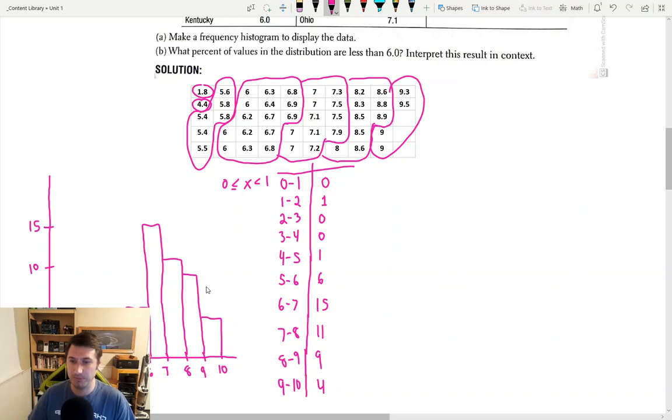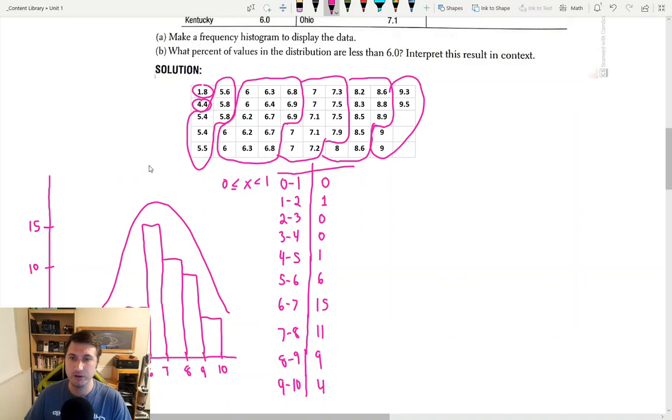If I just draw a general shape over this, that looks fairly symmetric with possibly an outlier over here. You can do all of those descriptors, pretty much. We would have to do some calculating to find the mean or the median, so we could describe the center, and same thing, use the data to find the spread for the range, etc.